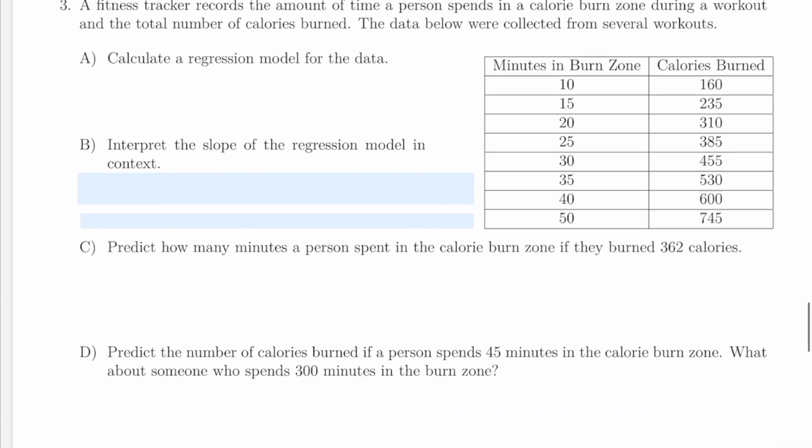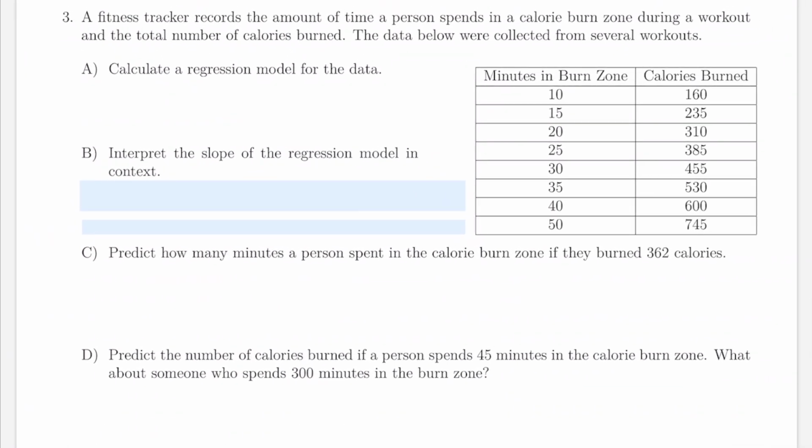Here's our new problem. Let's go ahead and get our data entered into Desmos. Remember, minutes in the burn zone is going to be x, and calories burnt is going to be our y value. So get these typed in.